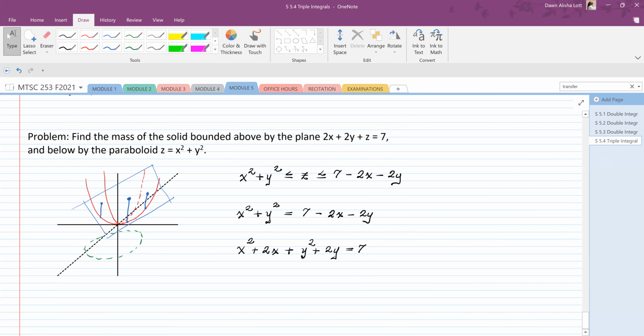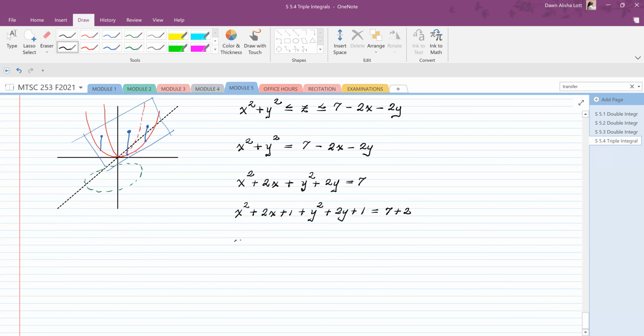Okay, so now you can see that I can add 1 and get x squared plus 2x plus 1 plus y squared plus 2y plus 1 is equal to 7 plus 2. So now I get (x plus 1) squared plus (y plus 1) squared is equal to 9.